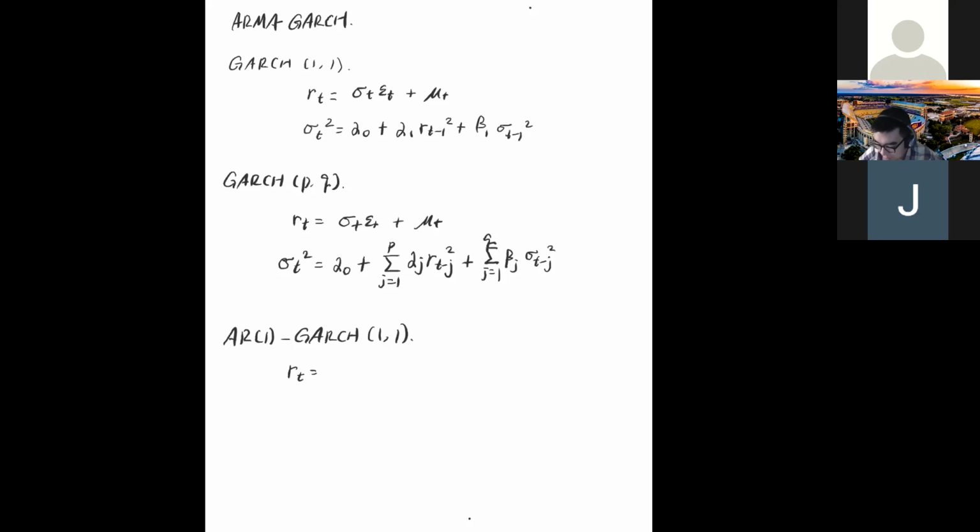So for example, what is the AR(1)-GARCH(1,1) model? It is r_t equals mu_t plus sigma_t epsilon_t, and sigma_t squared is exactly the same. The difference is that we have this mu_t part, which is not just a constant, it follows an AR(1) process.